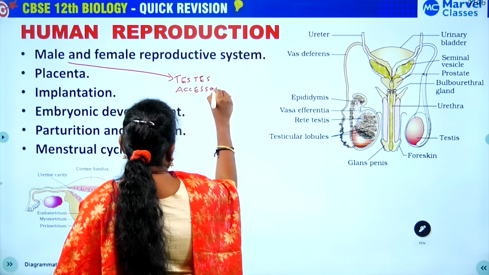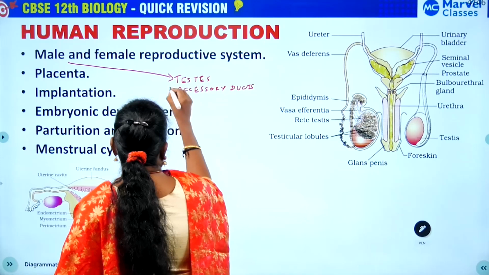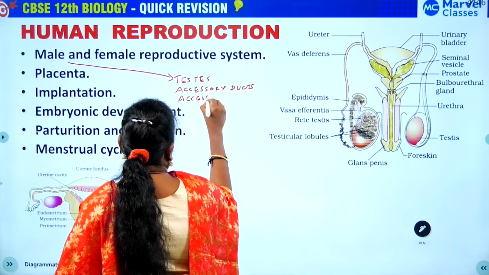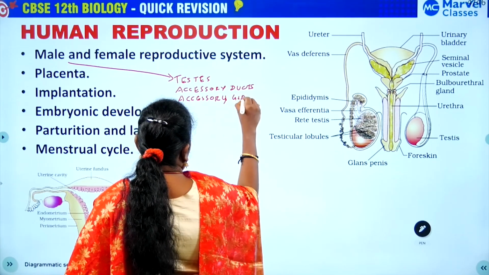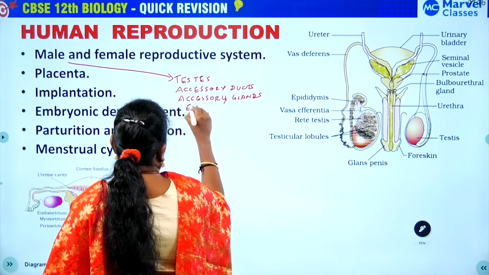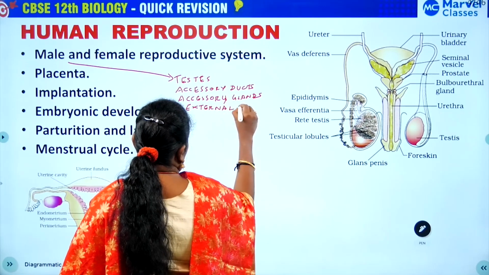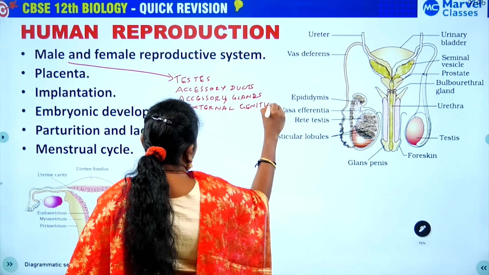What are the accessory ducts? And then go for the accessory glands. Then finally the external genitalia of male. Just try to give these 4 headings, and then you can explain it in detail.